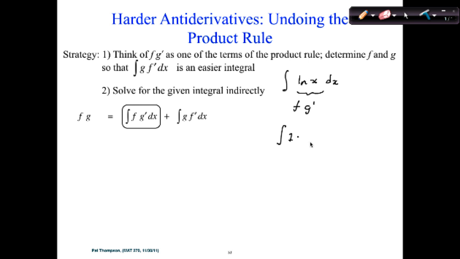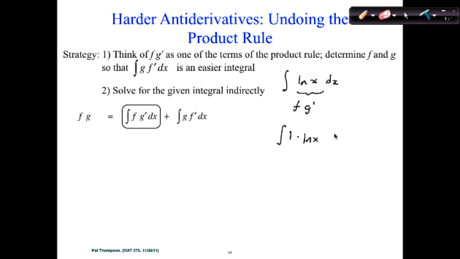We saw it with the exponent, right? We had to see tangent inverse to the first, even though the 1 wasn't there. So here's the same deal. We need to see this as 1 times natural log of x.